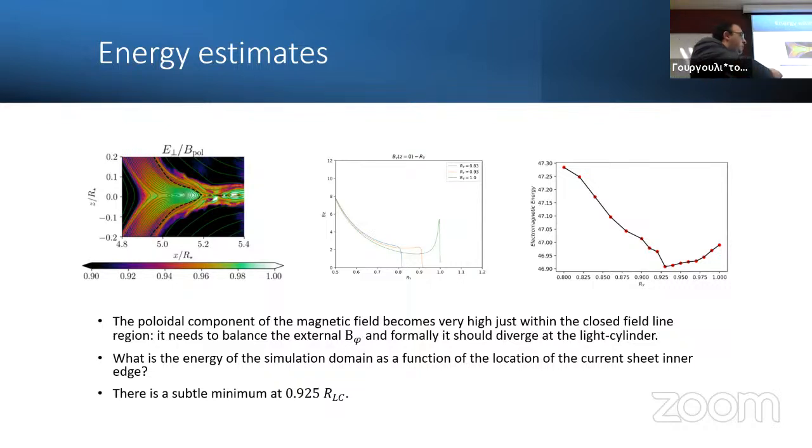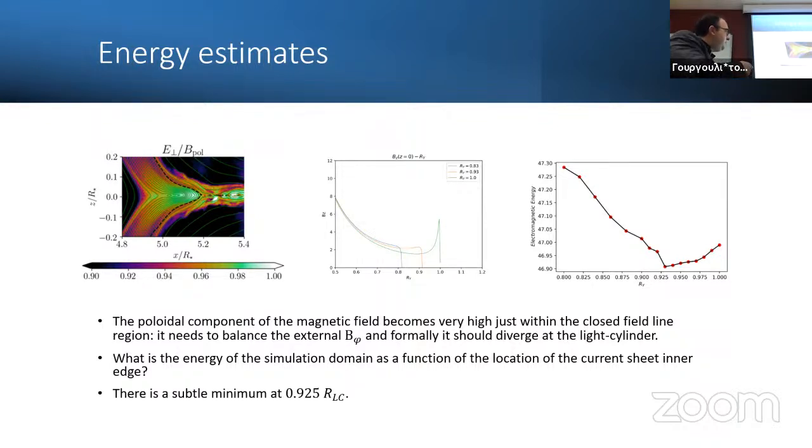And what we noticed is that, first of all, when we try to move it very close to the light cylinder, the Bz component of the field was rising. So in principle, this means that the Bz field, if we put it exactly at the light cylinder, will become singular. Whereas if we move it deeper in, it will become weaker.